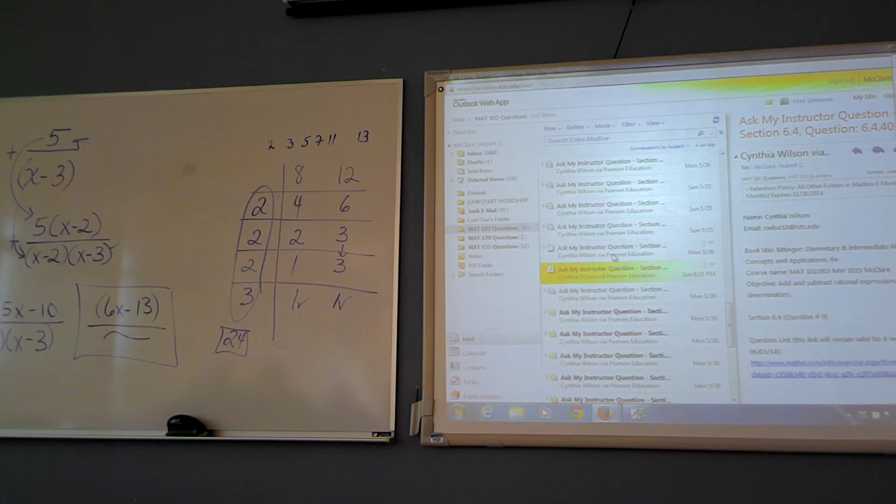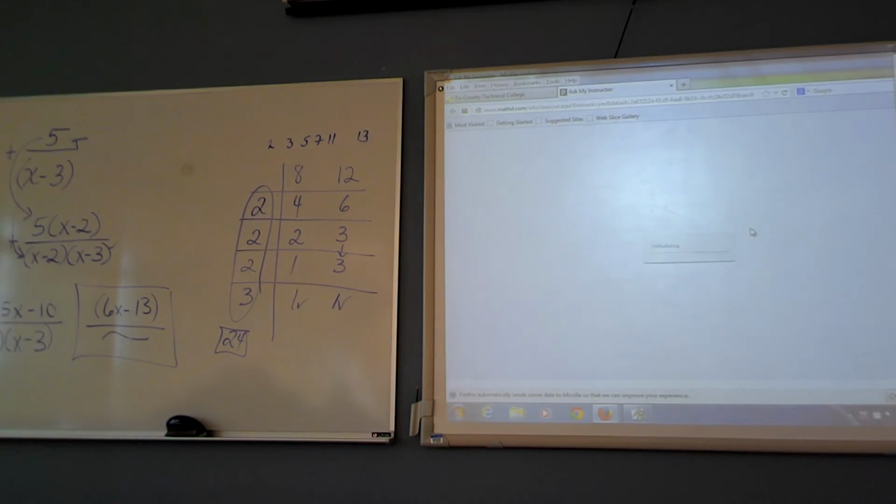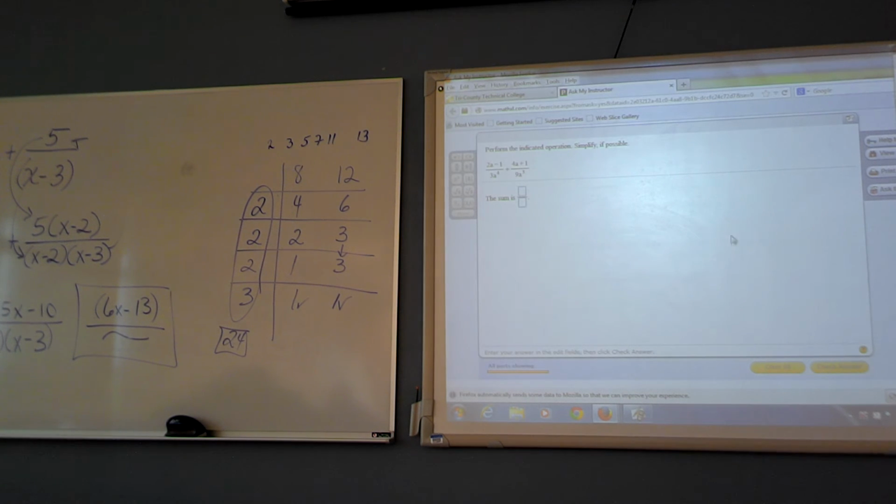6.4, number 17. Okay, let's do this one. 6.4, 17/4. All right, try that one: 2a minus 1 over 3a to the 4th plus 4a plus 1 over 9a cubed.